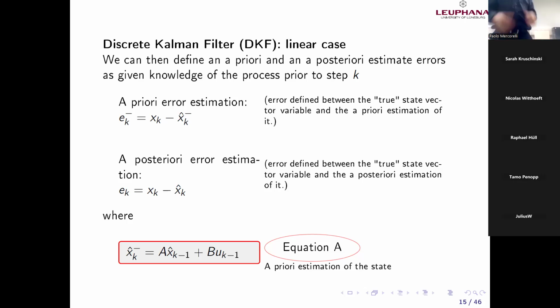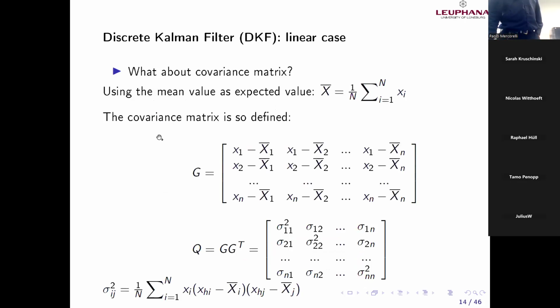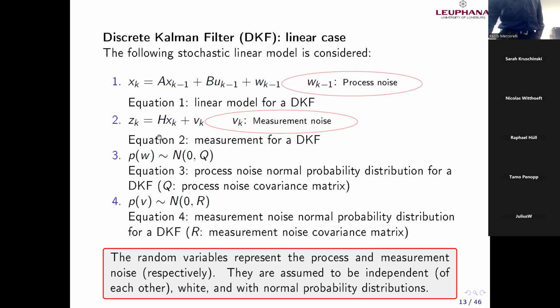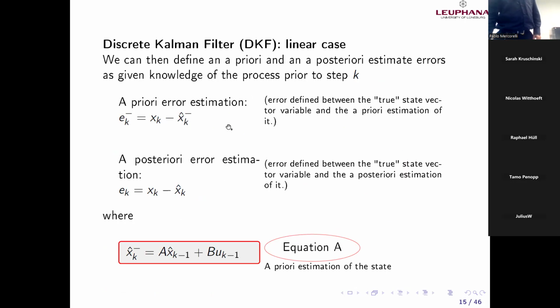A priori is xk, which I already introduced here, the true, because the true is what I know, plus what I don't know. Xk hat minus is this expression here, in which is not clear yet what is x hat without minus, but in any case, is something which came from the previous step, because it's k minus 1.